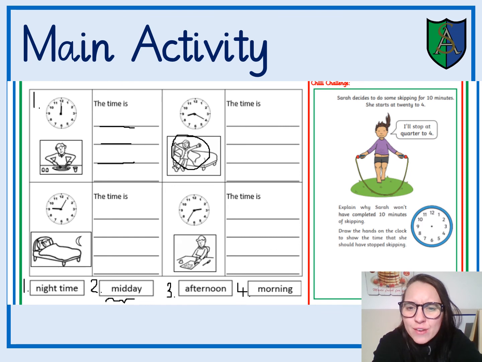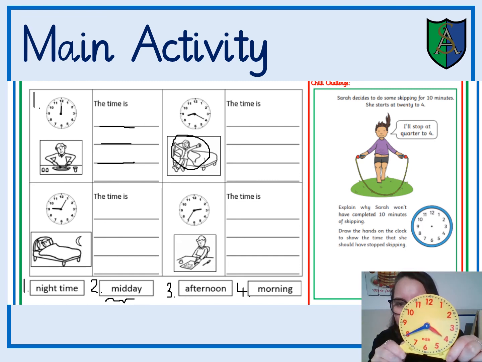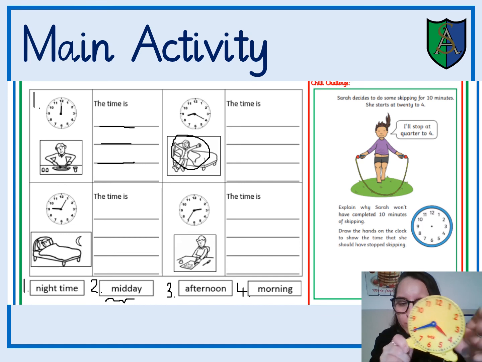It says, Sarah decides to do some skipping for 10 minutes. She starts at 20 to 4, so I'll show you that on my clock now. So 20 to 4, okay? So she starts skipping at 20 to 4, and it says that she's skipping for 10 minutes, okay? Now she says she'll stop at 3:45, okay?